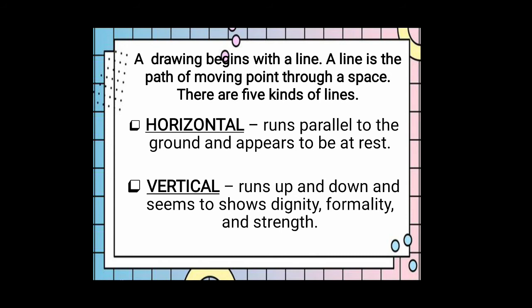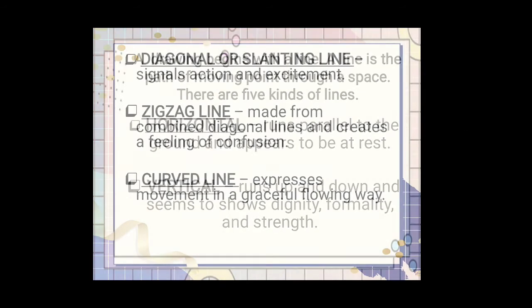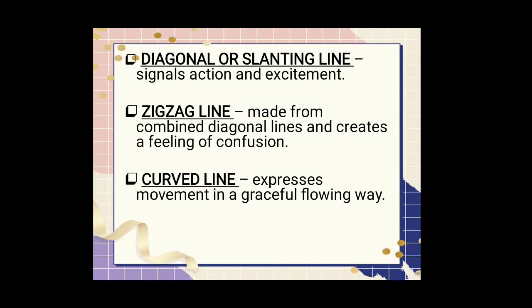First is horizontal. Horizontal runs parallel to the ground and appears to be at rest. Vertical runs up and down and seems to show dignity, formality, and strength. Third, diagonal or slanting line signals action and excitement.